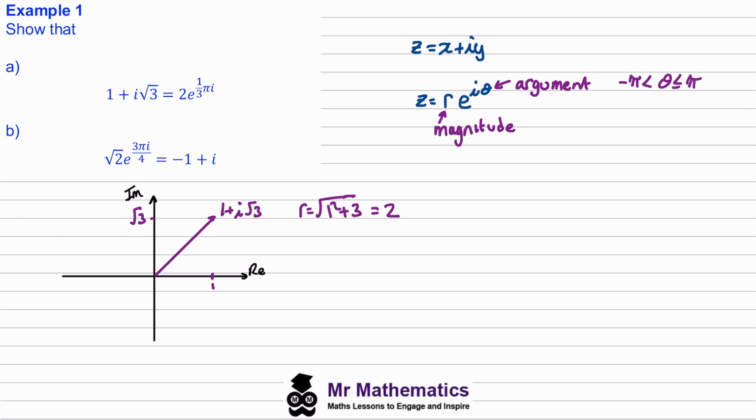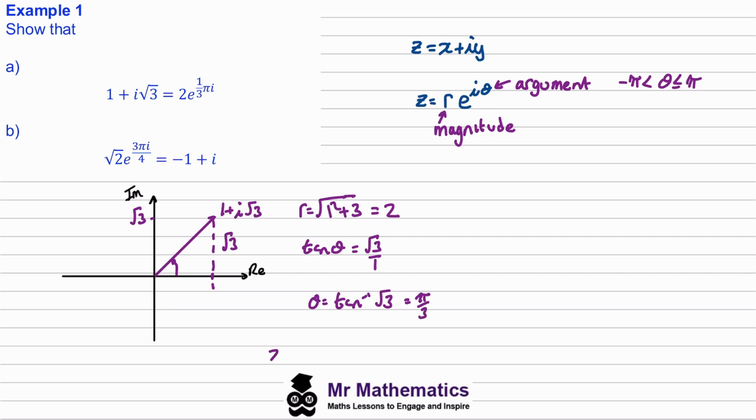And then to work out the argument, we'll say this is the argument coming from the real axis. Then the tan of theta will be the opposite side, which is root 3, divided by the adjacent, which is 1. So the argument will be the arctan of root 3, which we can work out as pi over 3.